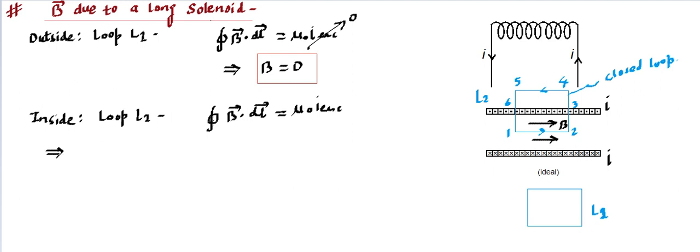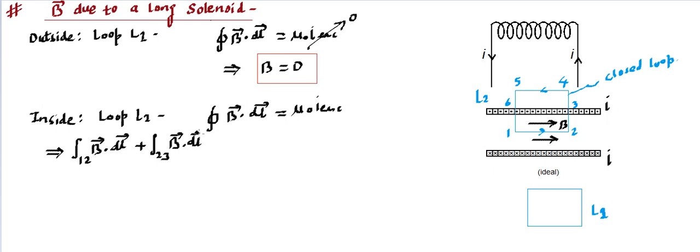This integration is on the enclosed loop. That means it has to start from 1 to 2, 3, 4, 5, 6 and again on 1. Now there are different segments, so we can divide this into different parts. That means we can go for integration from 1 to 2 and then can perform this B dot dl. Then we can go for the segment which is 2 to 3 and we can perform this B dot dl.